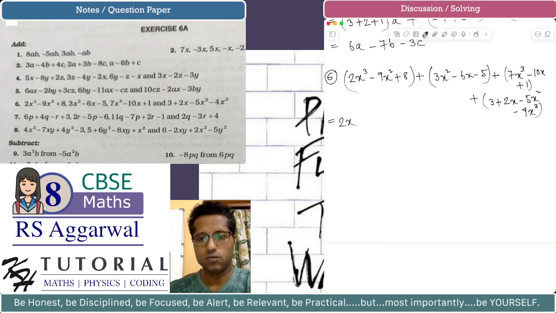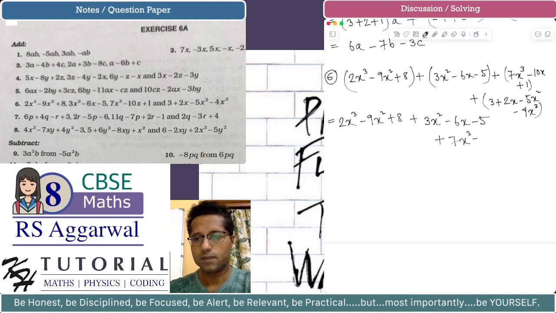This is 2x cube minus 9x square plus 8 plus 3x square minus 6x minus 5 plus 7x cube minus 10x plus 1 plus 3 plus 2x minus 5x square minus 4x cube.